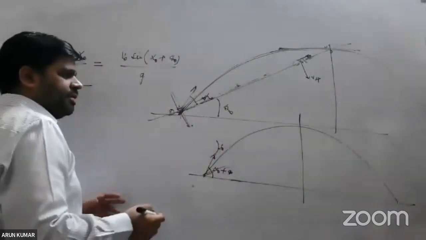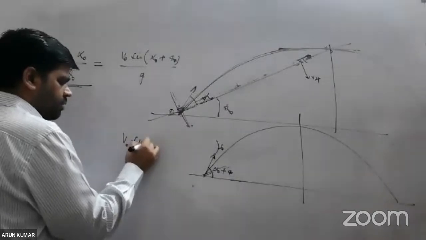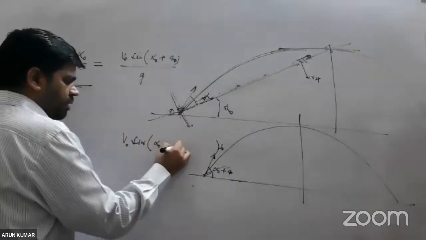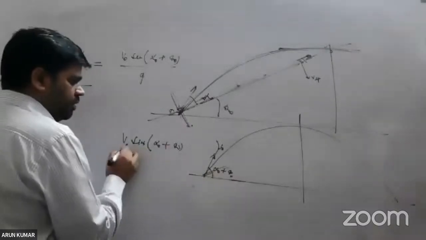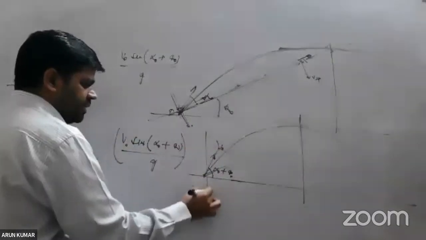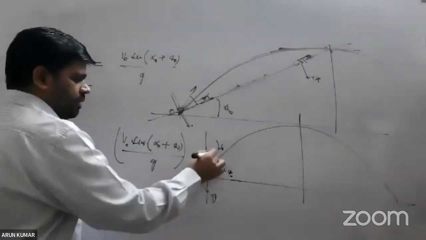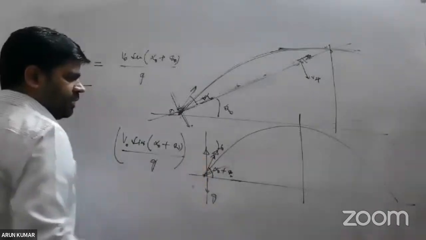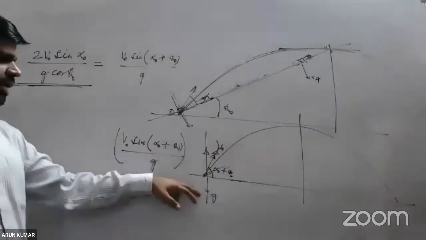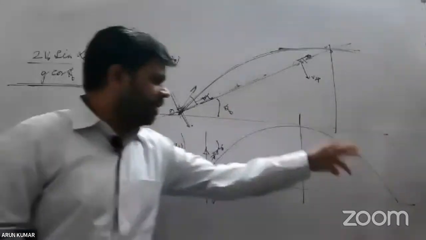Again, the time of ascent. What is the time of ascent? V naught sine of alpha naught plus theta naught by g, because my vertical retardation is g, and my speed is V naught sine of alpha naught plus theta naught. So u by a is my time of ascent, and 2u by a is the total time of flight.